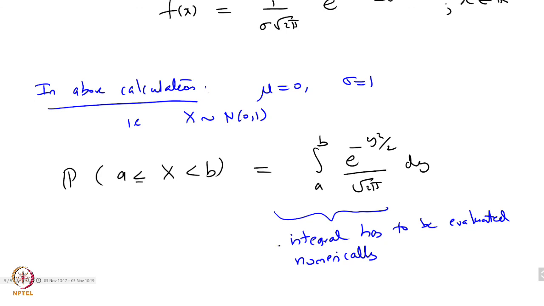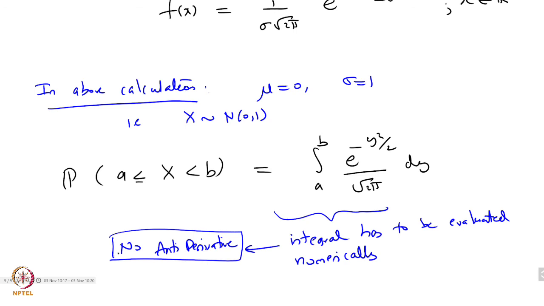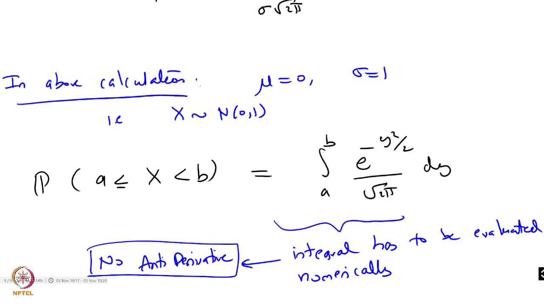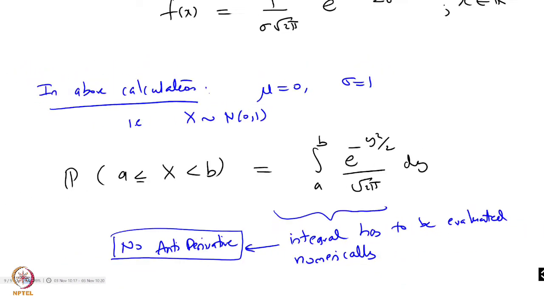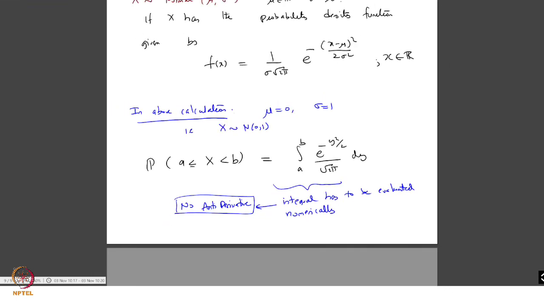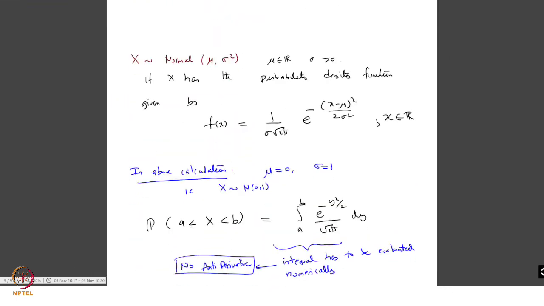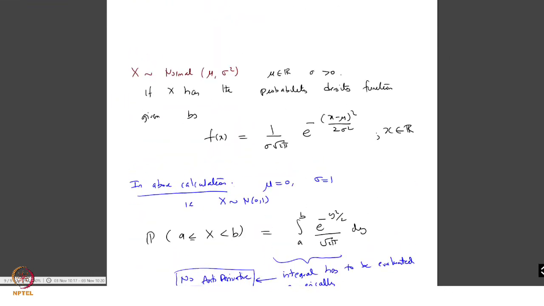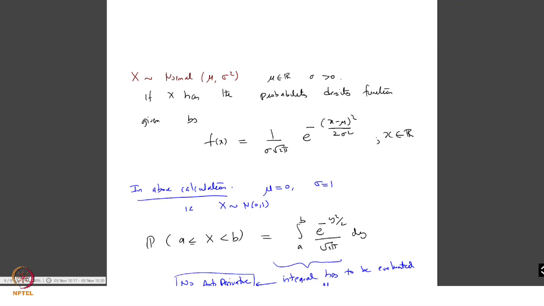There's no antiderivative. So one has to learn how to compute these probabilities. I'll discuss this in an exercise or in the next class, depending on how I want to proceed. But that's the formula. This is called the normal density.